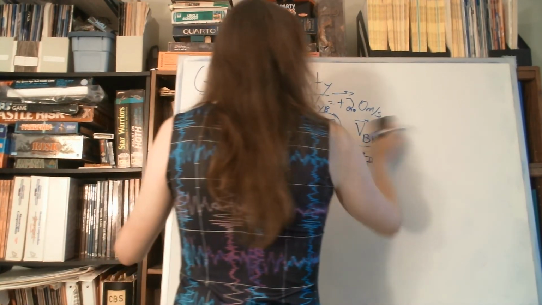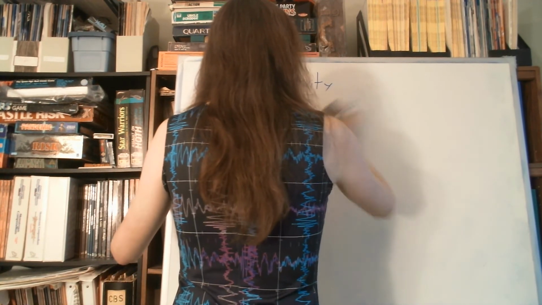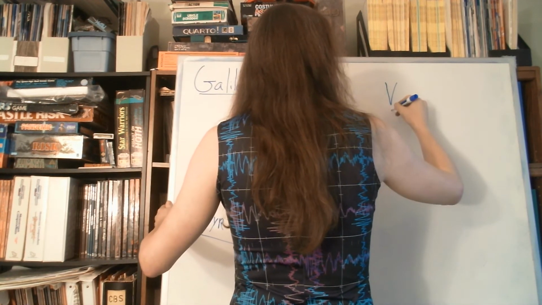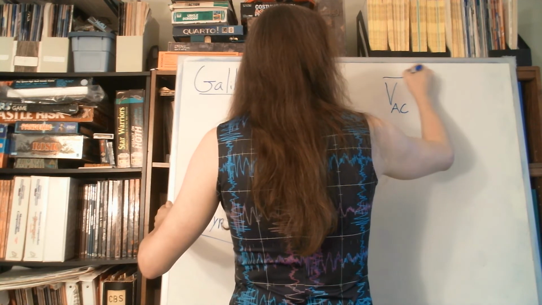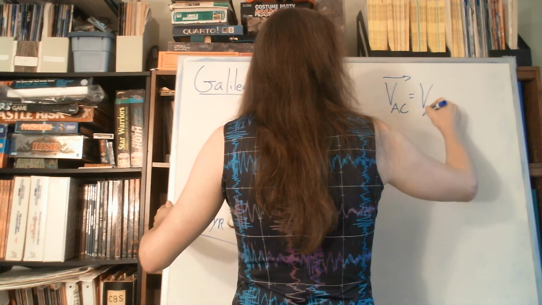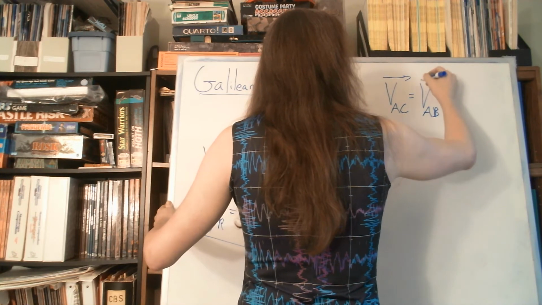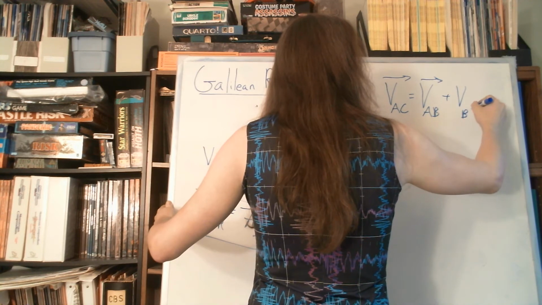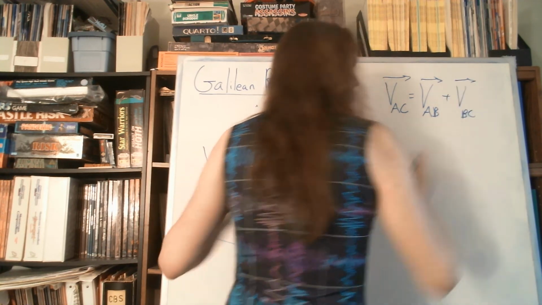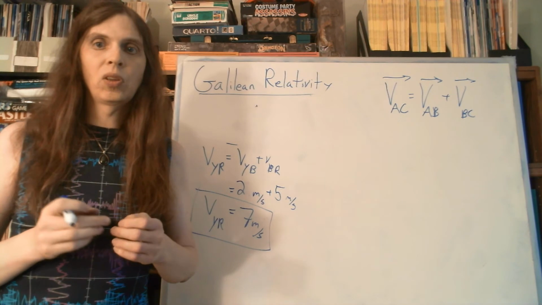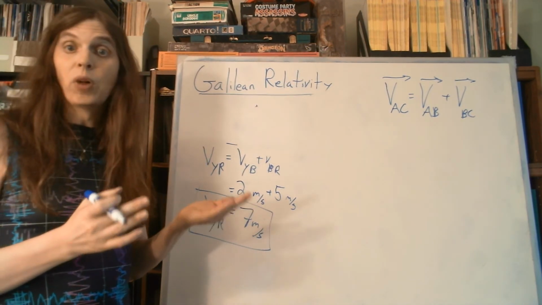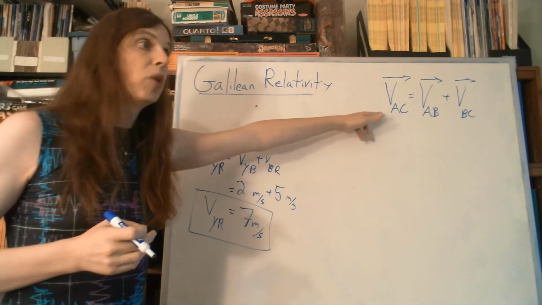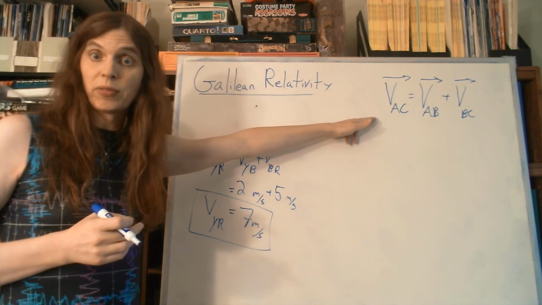That is, the velocity of object A with respect to object C is equal to the velocity of object A with respect to object B plus the velocity of object B with respect to object C. You add those motions together, and you get the motion in the other frame of reference.